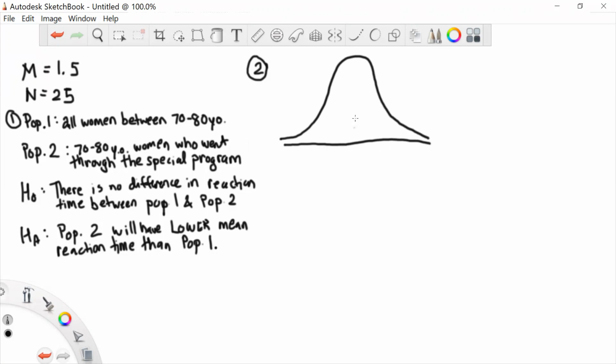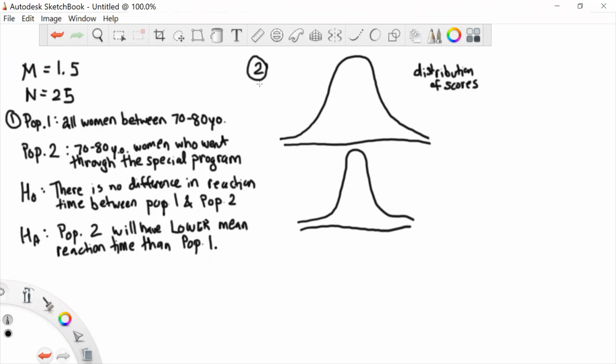Where at the top of the page is our distribution of scores. And below it, we have our distribution of means. And I'm going to be drawing the distribution of means as slightly skinnier with less variance than the distribution of scores.